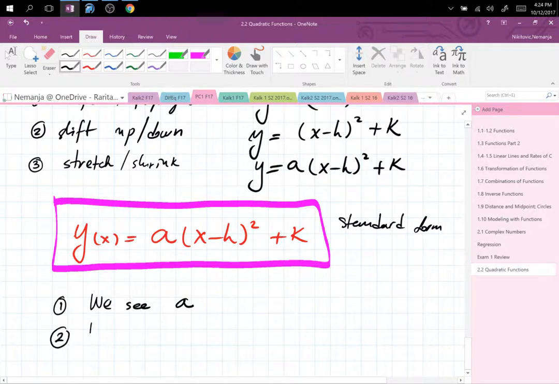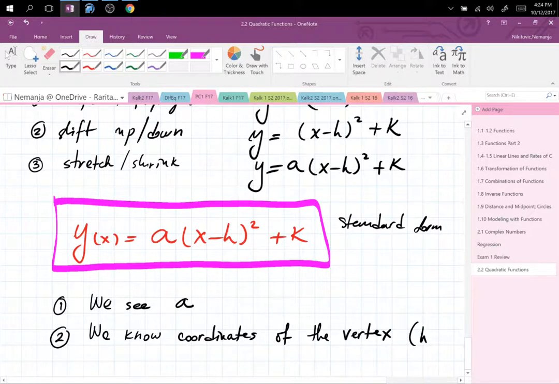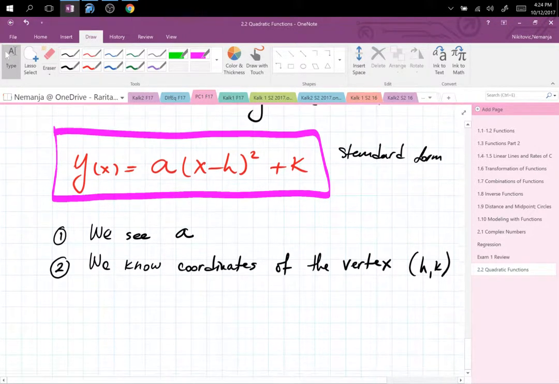Number 2, we know coordinates of the vertex, which is h comma k. And that is huge. I'm just going to actually go over here and put orientation. Again, I'll go back to point number 1 and add the word orientation. That's why we want to know this A.